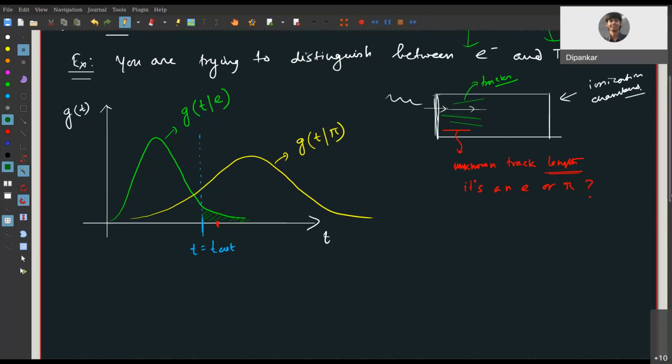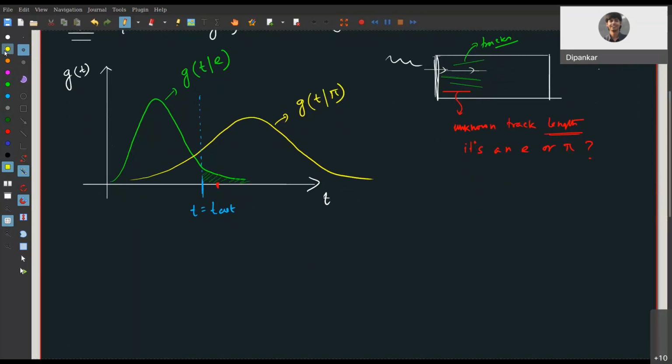The probability of making that error, which I call alpha, is the integral of g(t|H0) dt from t cut to infinity.